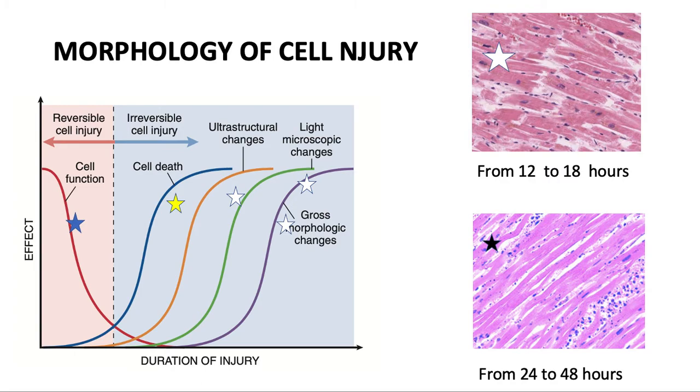Remember that cell death typically precedes ultrastructural, light microscopic, and grossly visible morphologic changes. For example, myocardial cells become non-contractile after 1 to 2 minutes of ischemia, although they do not die until 20 to 30 minutes of ischemia have elapsed.